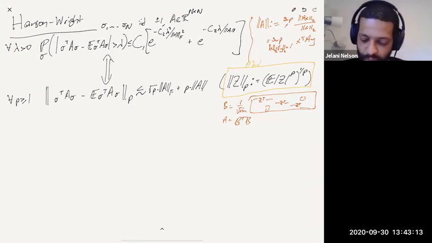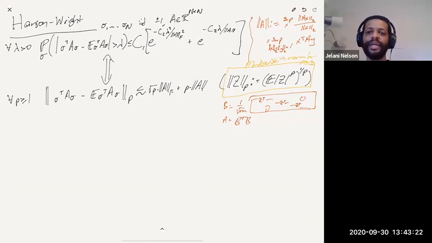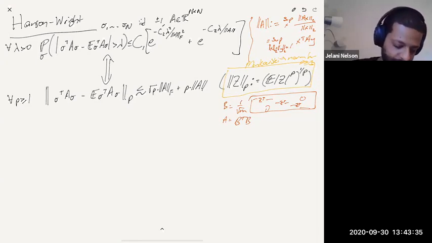If you haven't seen it before, it's a norm for p at least 1. So I'm saying that this kind of tail bound is equivalent to bounding all the p norms of the random variable. Okay, why is that? Let me just do it for the Gaussian.